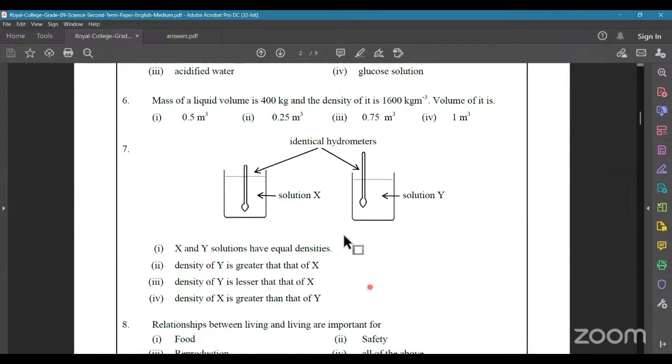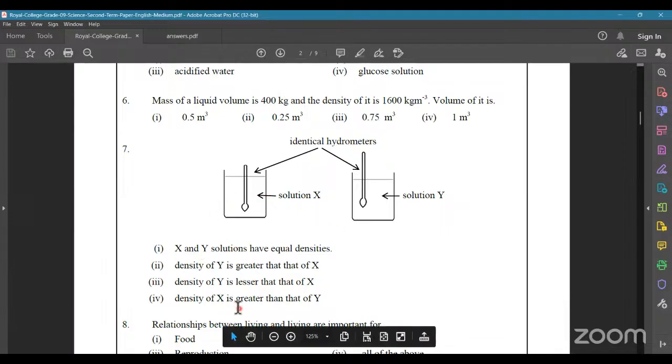So let's go to the seventh question. Here they have given two identical hydrometers and their solution X and solution Y. So what do you think the answer is, Mahdi? Here, when we consider hydrometers, why do we use hydrometers?